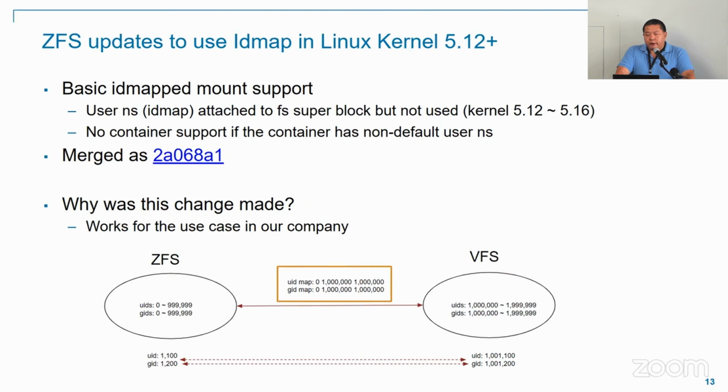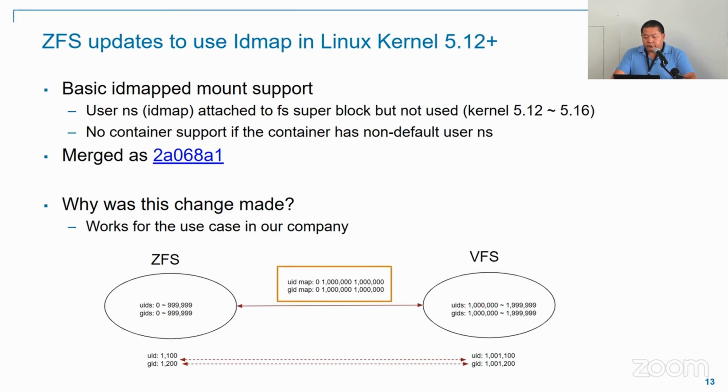You have a file system namespace attached to the superblock, but it's not being used. So there's no container support if the container uses a different non-default user namespace. But it works perfectly for our use case.